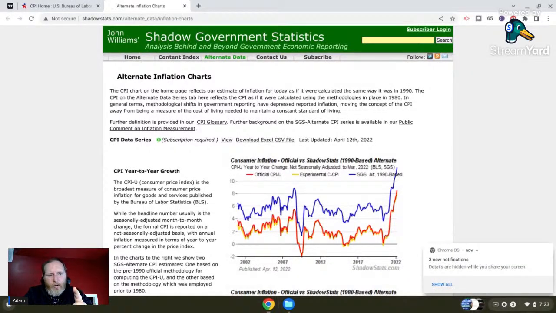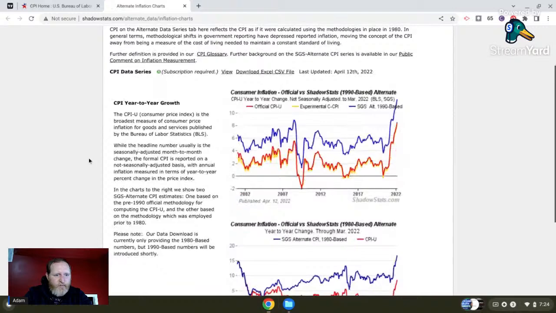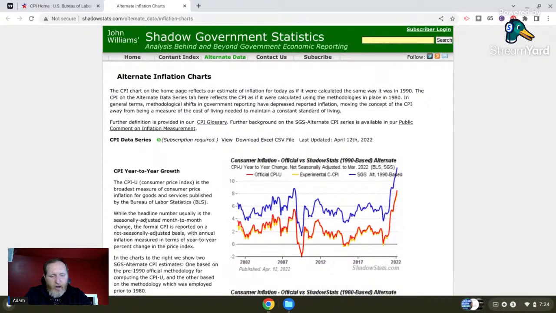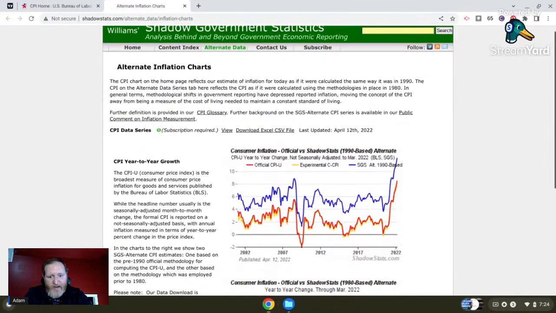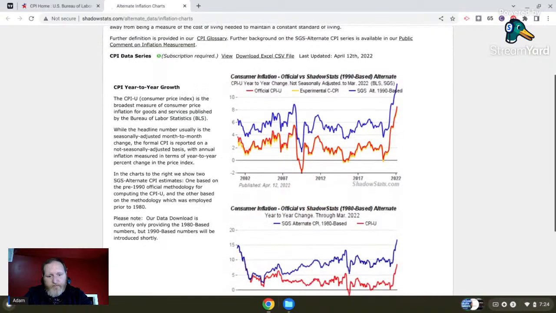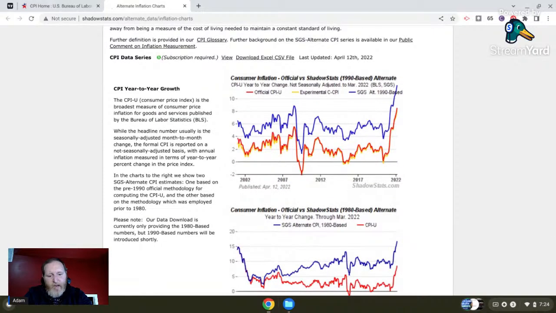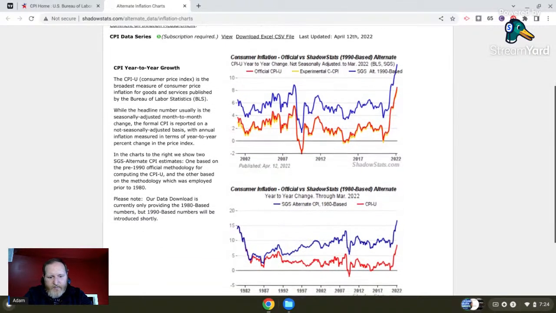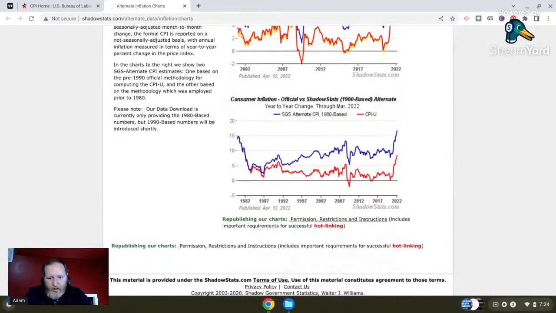Well, what this is showing you, it's shadowstats.com, and I just learned about this, and it's quite fascinating. It shows you what the CPI would be without the changes the government made. I meant to share this with you guys earlier, but this is really fascinating.